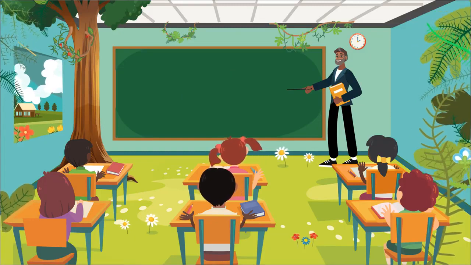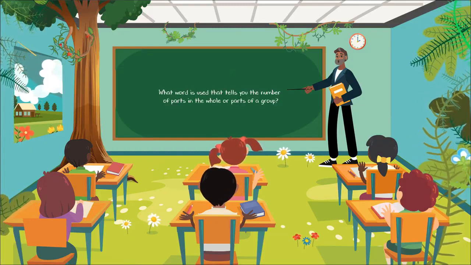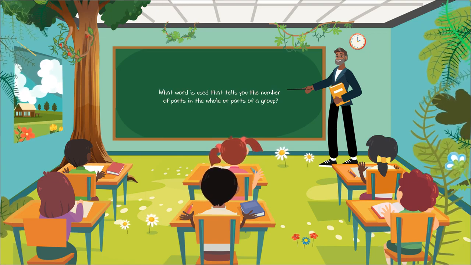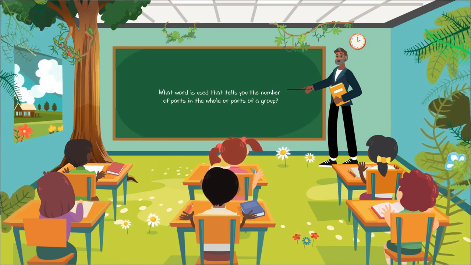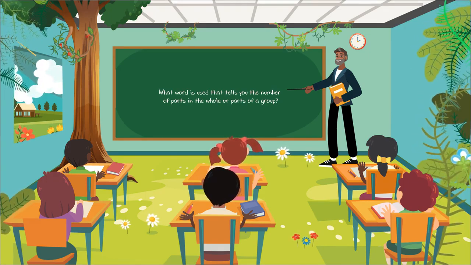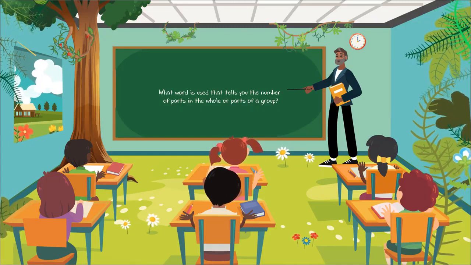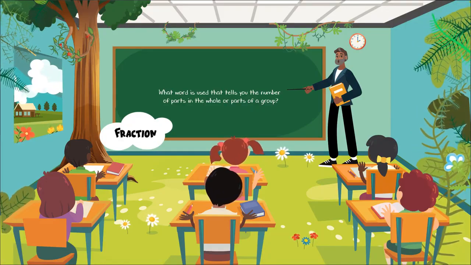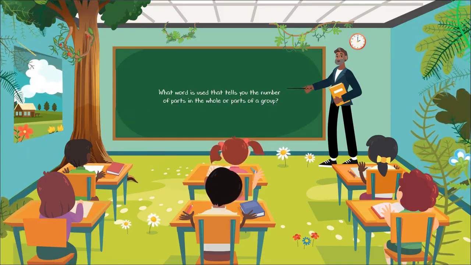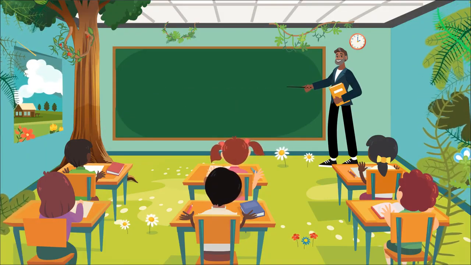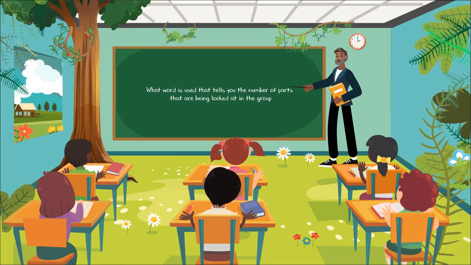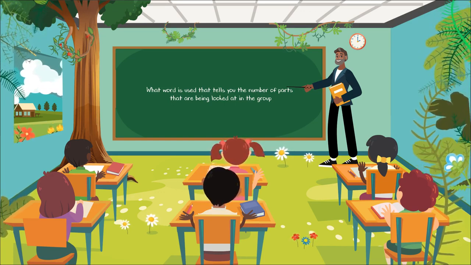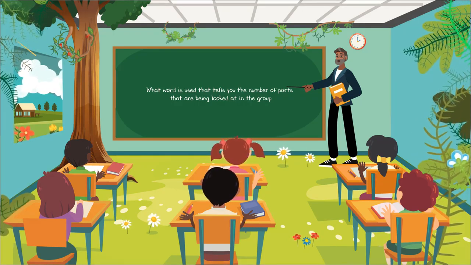Let's review. What word is used that tells you the number of parts in a whole or parts of the group? Take a moment to answer. I think it's a fraction. Fraction. Great job. What word is used that tells you the number of parts that are being looked at in the group?